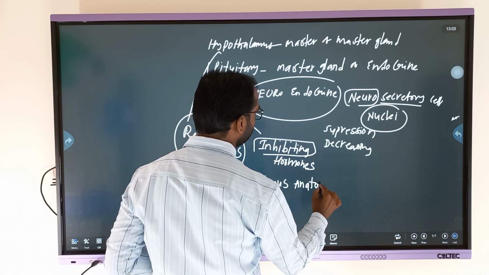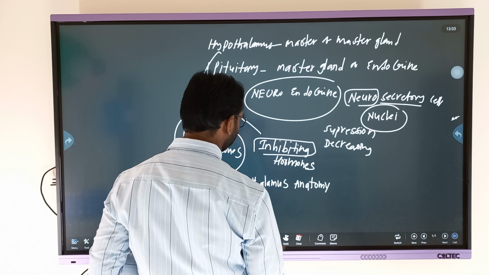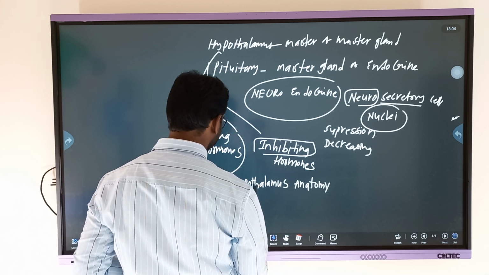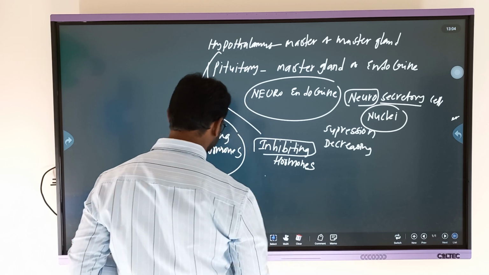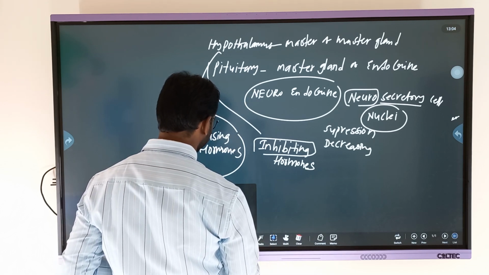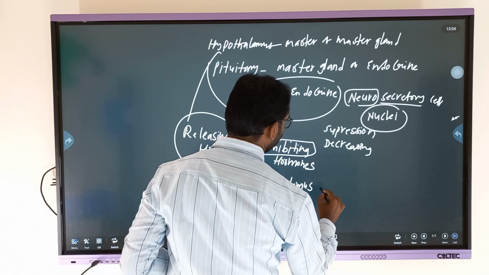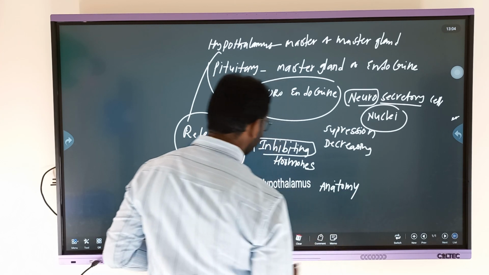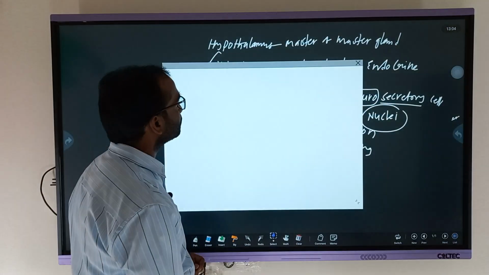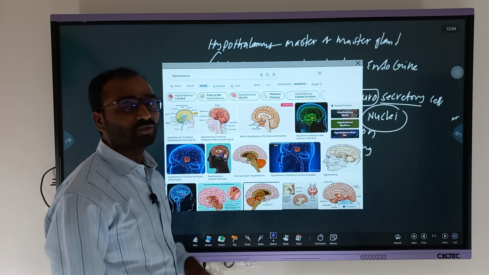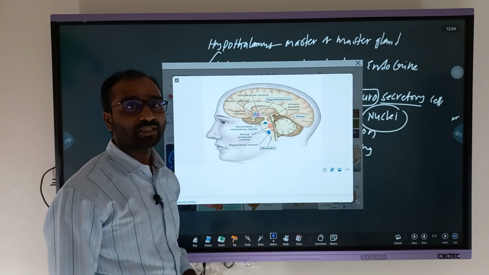Then the hypothalamus. As I told you, the hypothalamus is a part of the nervous system.